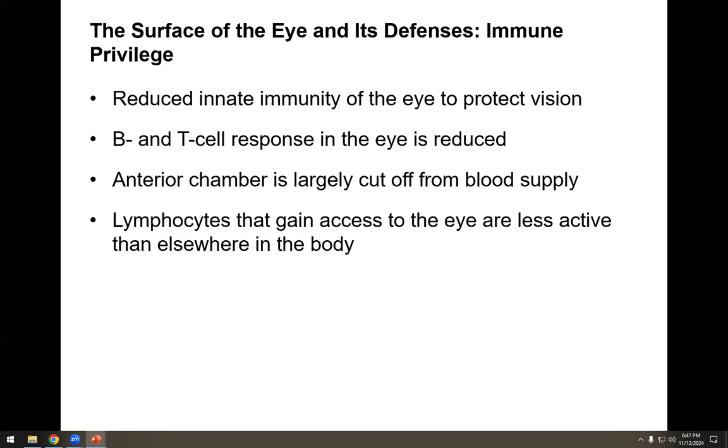The eye is also immune privileged, meaning that we have a decreased immune response in the eye. We down-regulate our B and T cell response. We have reduced innate immunity as well. All of this is to protect your vision so that your inflammatory response doesn't damage the tissues in your eye and render you blind, so you can no longer see predators in the savannah or wherever ancient mankind had to deal with back in the day.